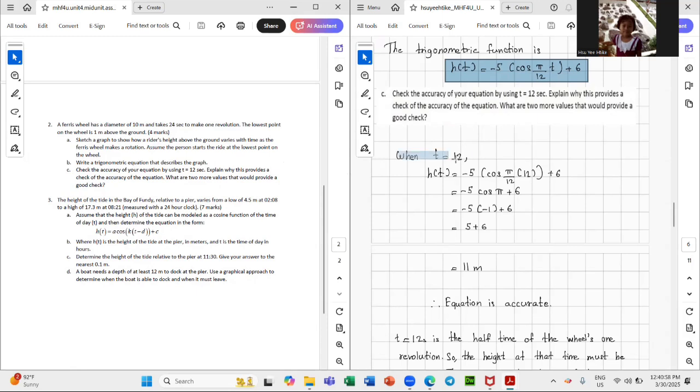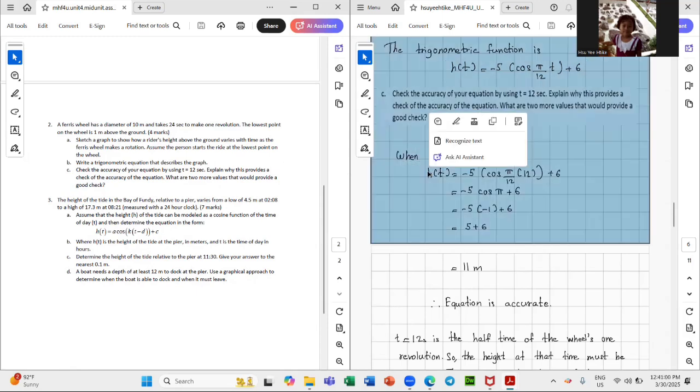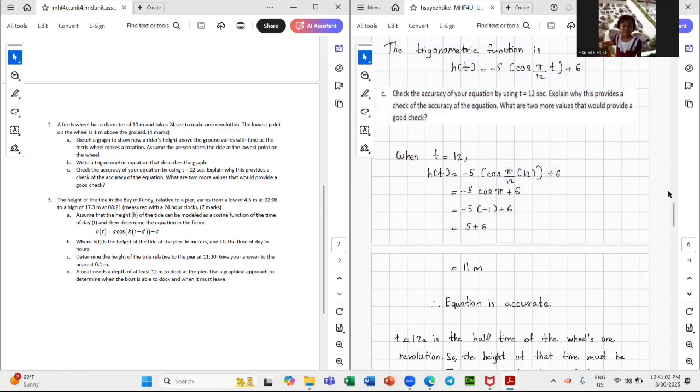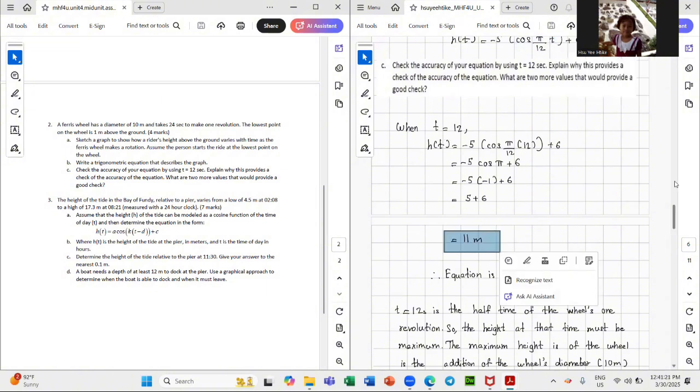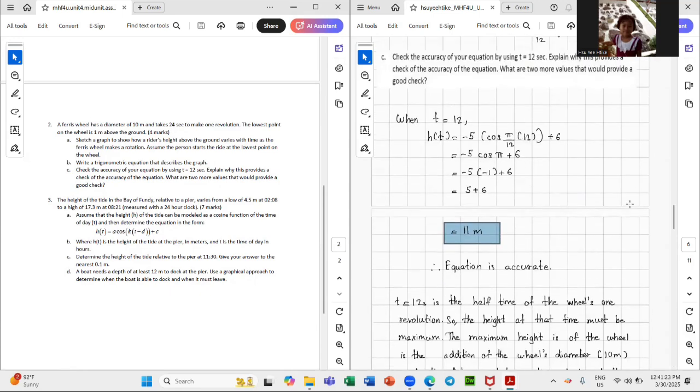So when t is equal to 12, we substitute 12 in place of t, and we get the height is equal to 11 meters.